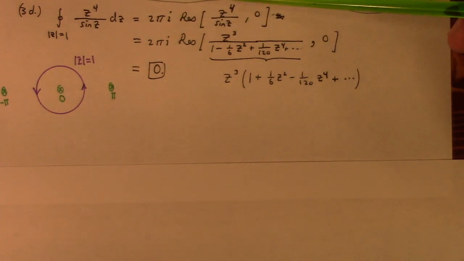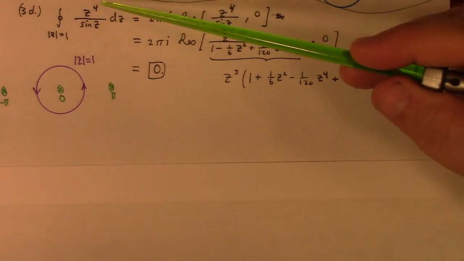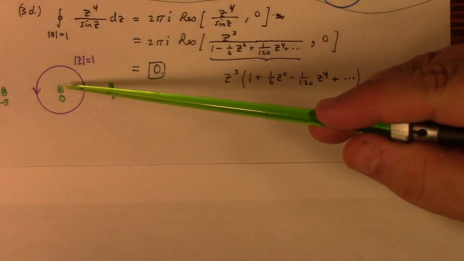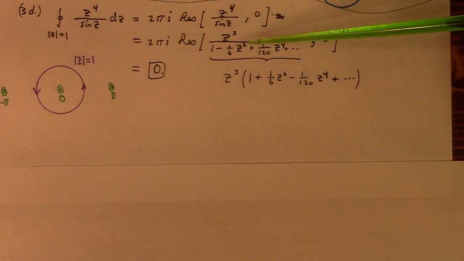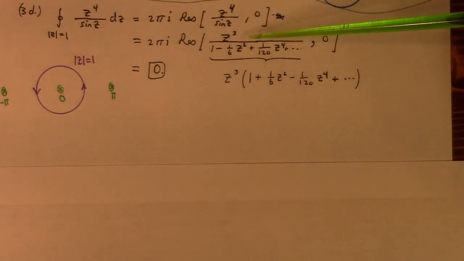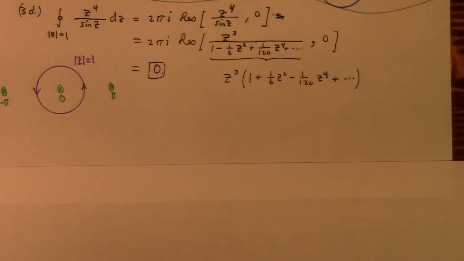So it turns out that z equals 0 is not a singularity in the genuine sense. It's actually a removable singularity, and the residue of a removable singularity is 0. So there you go. That's all I want to say about that.